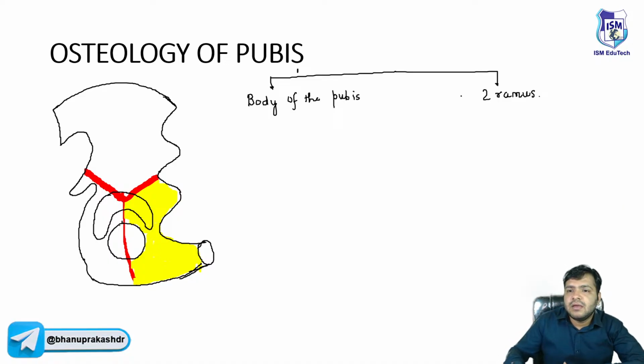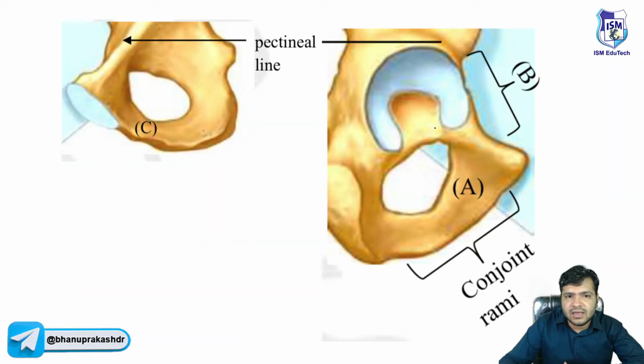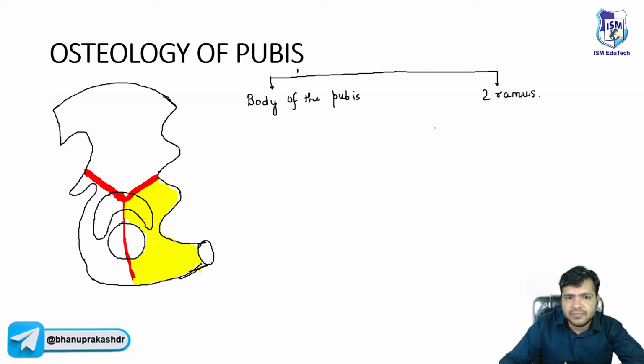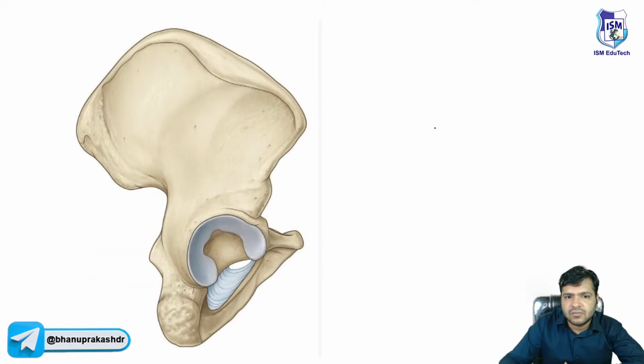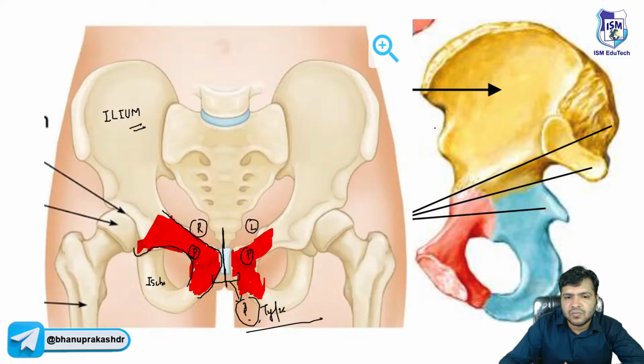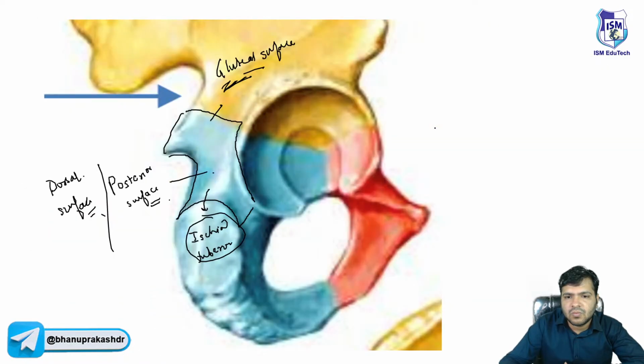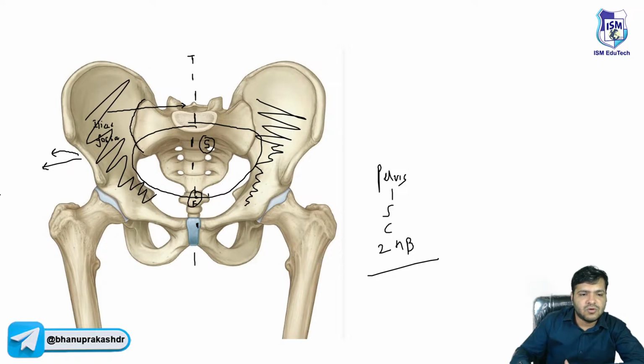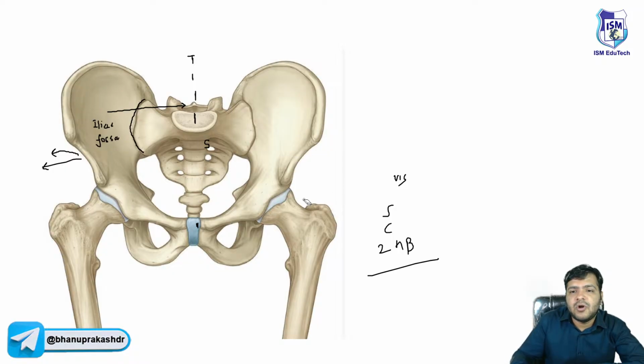Right now, you can all see over here, beta. If I want to show it in the picture, in this picture I will be showing. Now let us look at the body and the ramus of the pubis.